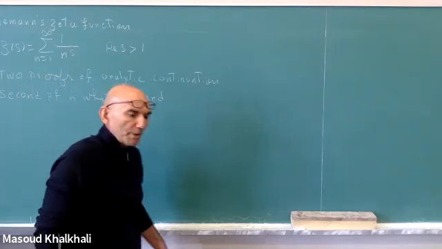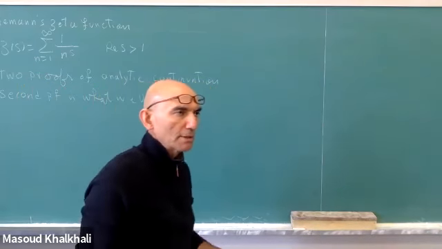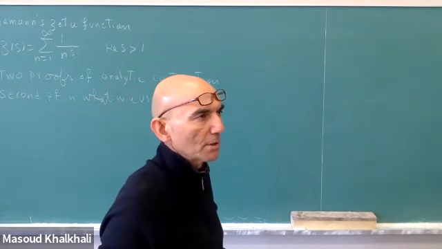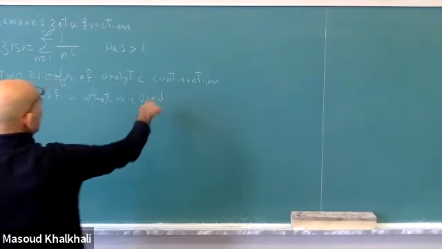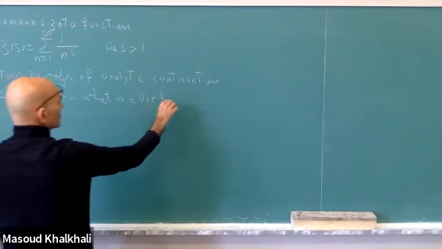So if you open Riemann's 1859 paper, in the first three or four pages, he gives two proofs. The second proof is what we used today.